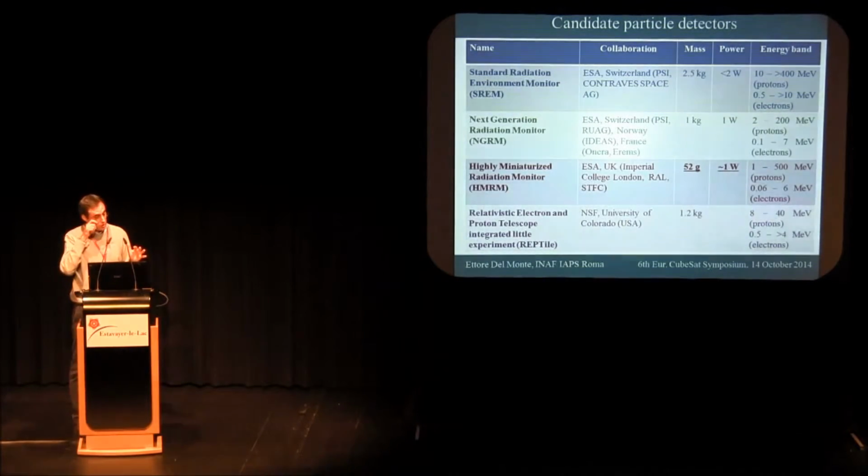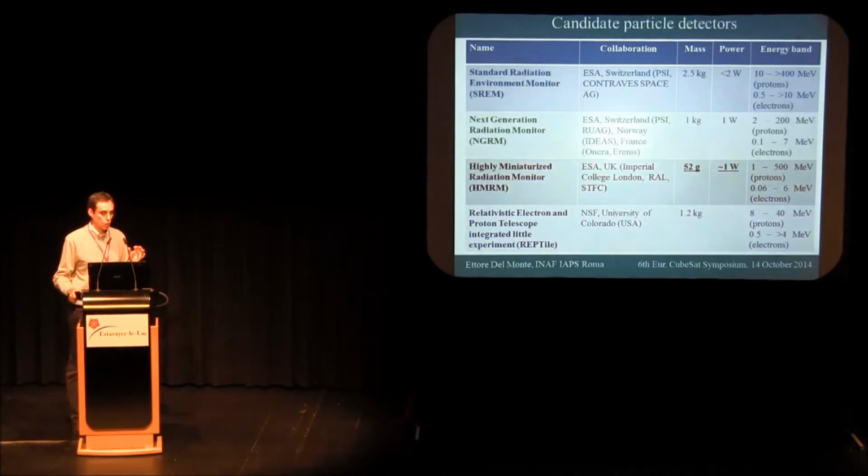The Next Generation Radiation Monitor is the evolution of the previous one. This is also an ESA project, with contributions from Switzerland, Norway, and France. You can see from the table that we have a reduction in mass, power consumption, and also in the energy threshold for both protons and electrons.